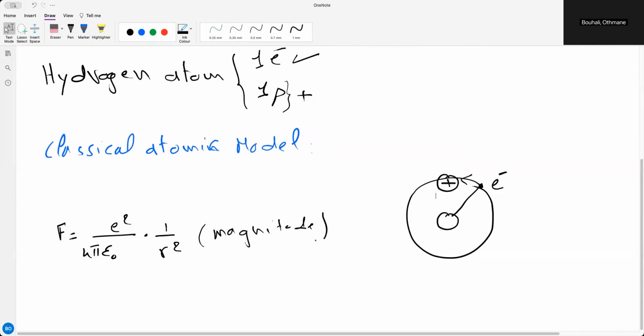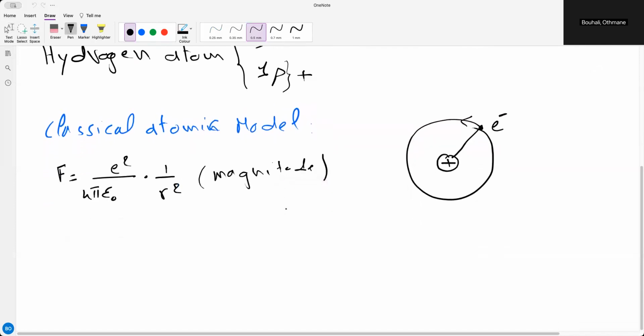And we can apply the second law of Newton, which is the force is equal to the mass times the radial acceleration, because there is no external force except the electric force, which is constant, so the electron will be moving with a constant speed, which means in a circular motion, the tangential acceleration will be 0, and the radial acceleration will be equal to the speed of the electron squared divided by the radius. The radius is the distance between the positive charge and the electron.